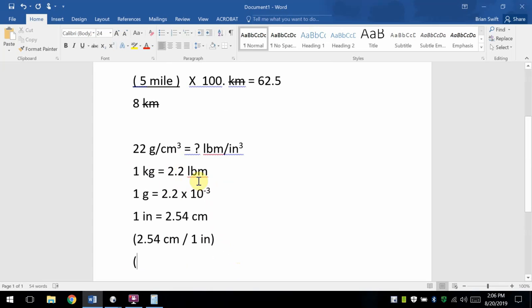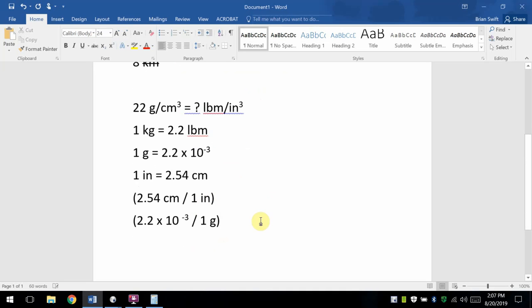And the gram is in the numerator, so gram's going to have to be in the denominator. It's going to be 2.2 times 10 to the minus 3 divided by 1 gram.